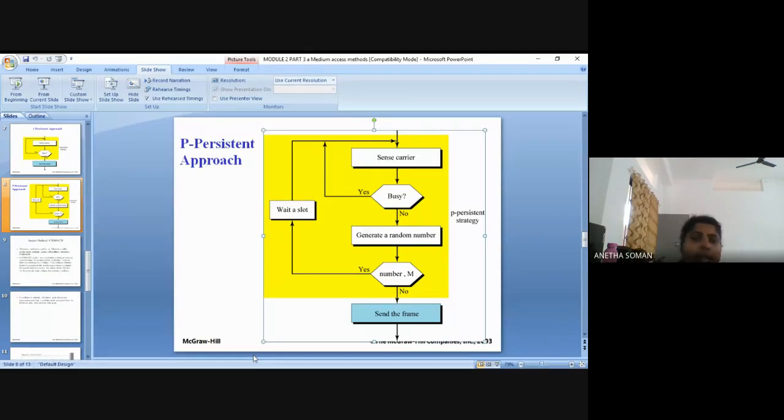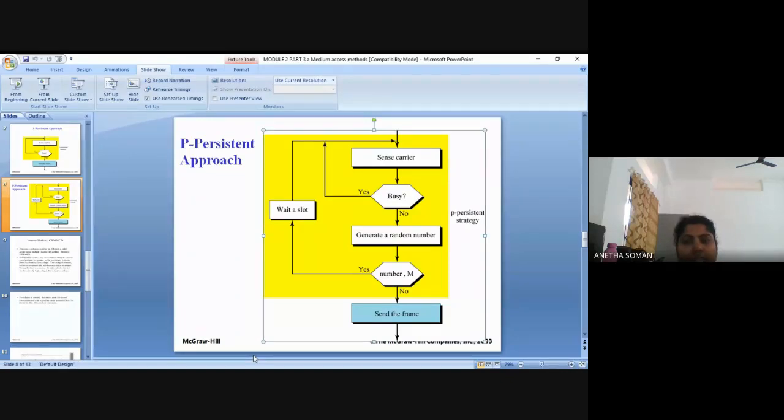If the medium is busy, it will wait for a random amount of time and the process continues. The p-persistence approach reduces the chances of collision because a lot of the time you are waiting, refraining from sending, then waiting again and generating a random number. So most of the time it reduces the chances of collision and improves the efficiency. Okay, so these are the different procedures a station follows when it finds the medium is busy. That is called the persistence strategies.